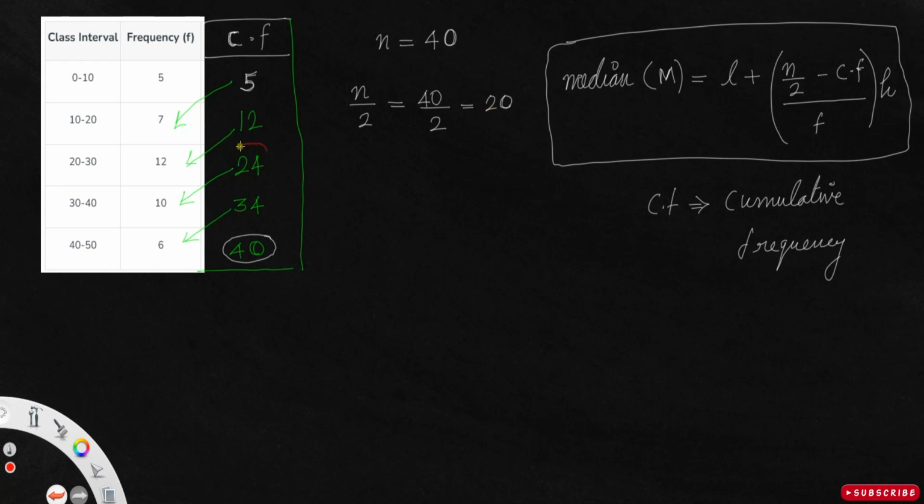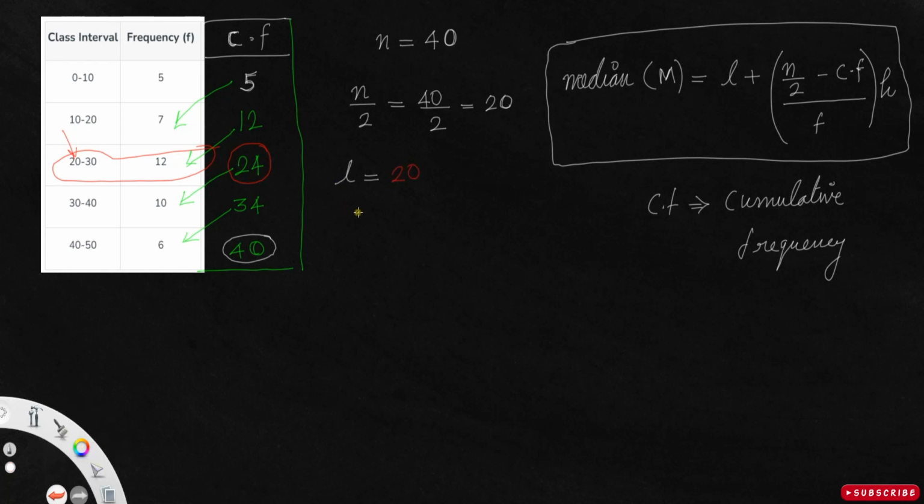So the number just greater than 20 is 24. Okay, so that is the median class. Now I can write all the terms. We have L is equal to, see this one, the lower limit of the median class, that is this 20. So L is equal to 20.